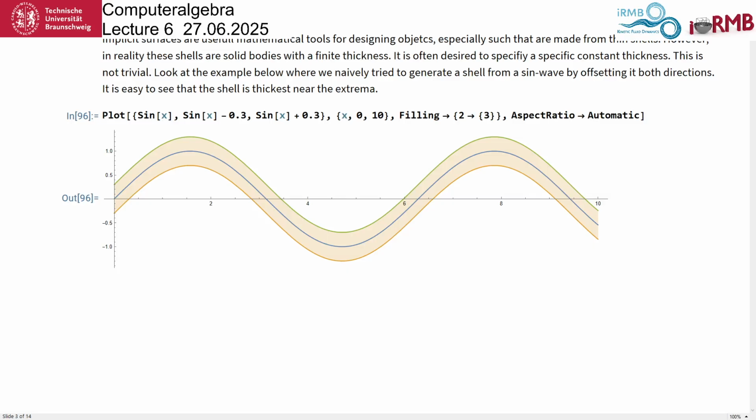By the way, there are structures that can be pretty well represented by these implicit functions. For example, there's something called periodic triple minimal surfaces.